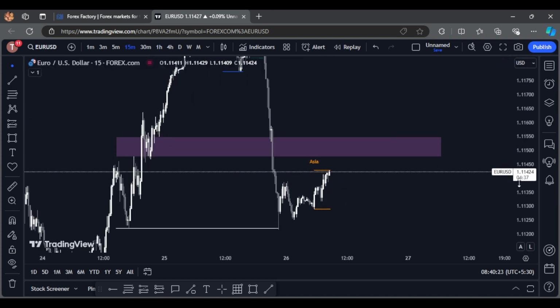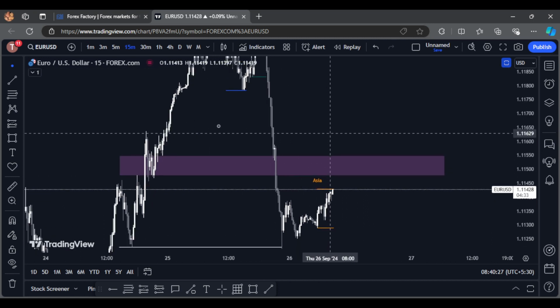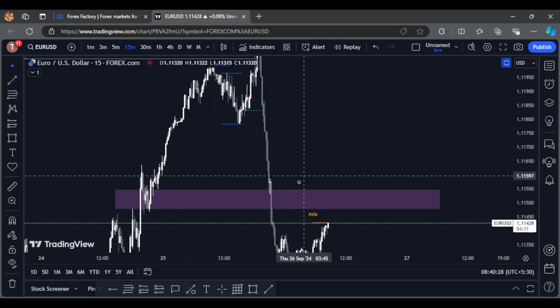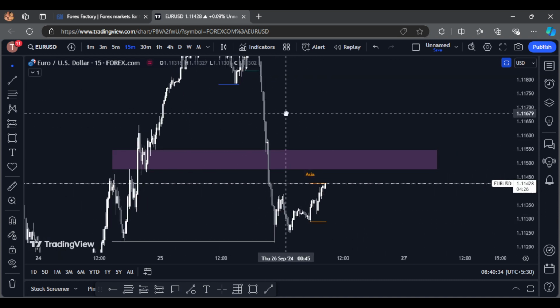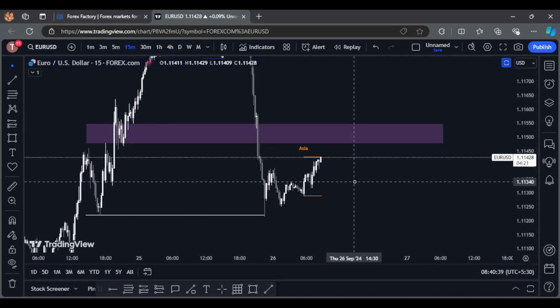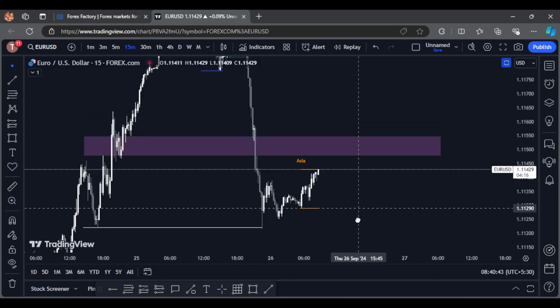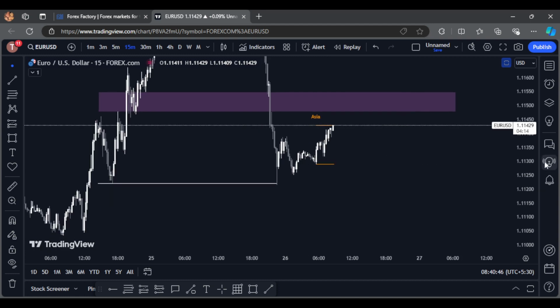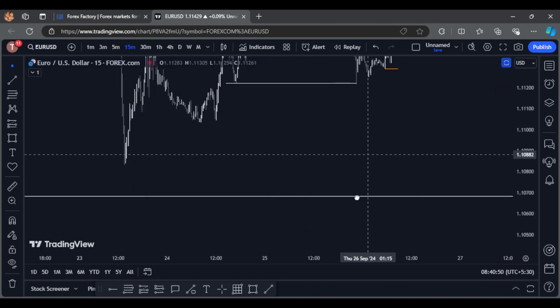For now, I'm anticipating that we are in a bearish state, a highly bearish state. The price moved into the downward direction without any resistance in it, and currently we are moving further to the upside, and I'm anticipating that the price can possibly take the Asia high, and then we are going to continue this momentum into the downward direction and towards this extreme low.